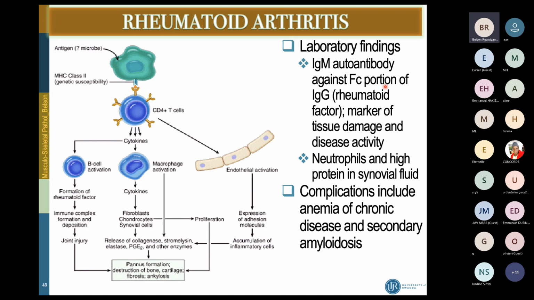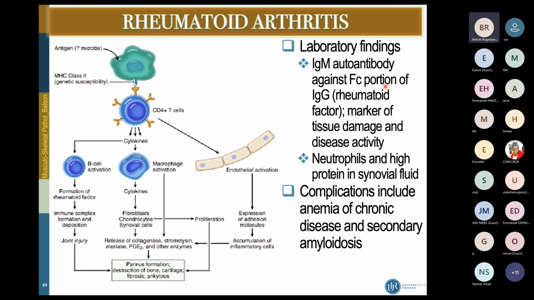When you see in the laboratory where they measure rheumatoid factor, it depends on how the hospital is built. In some places it goes to biochemistry, in others to immunology or serology, it depends. But when I say rheumatoid factor, it is of the IgM type, which has attached to the Fc portion of IgG. That's why it is an immune complex.